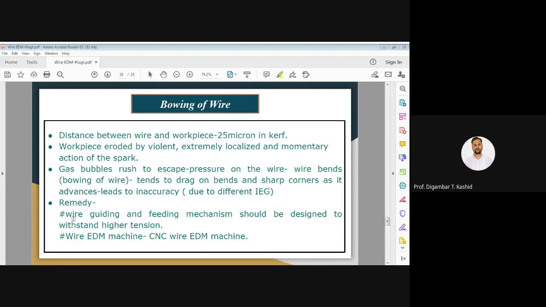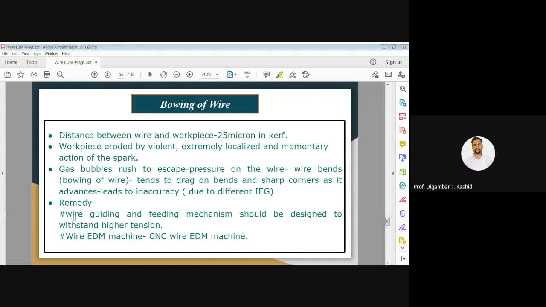Due to this, gas bubbles are also generated in the interelectrode gap, and because of the huge pressure from these gas bubbles, they will bend the wire.